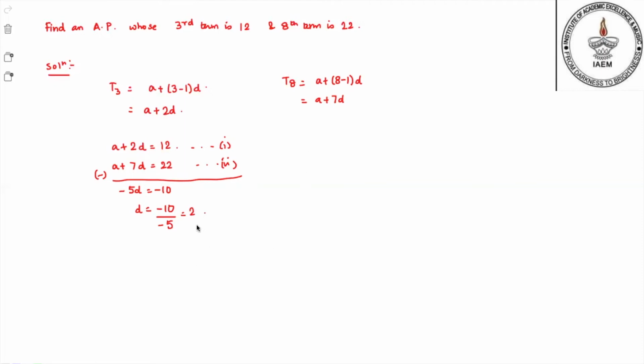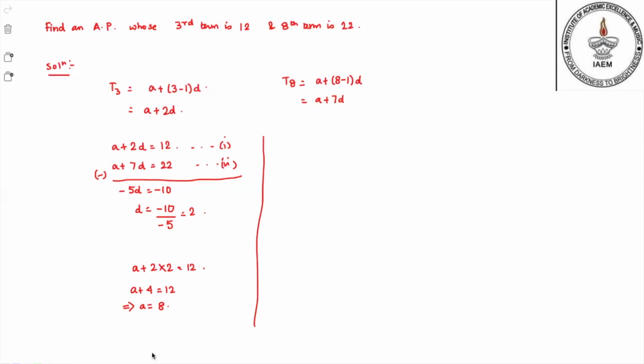Now, the value of the common difference is 2, and let me put the value of D in equation 1. So we will have A plus 2 into 2 equals 12. So A plus 4 equals 12, which implies A equals 8.